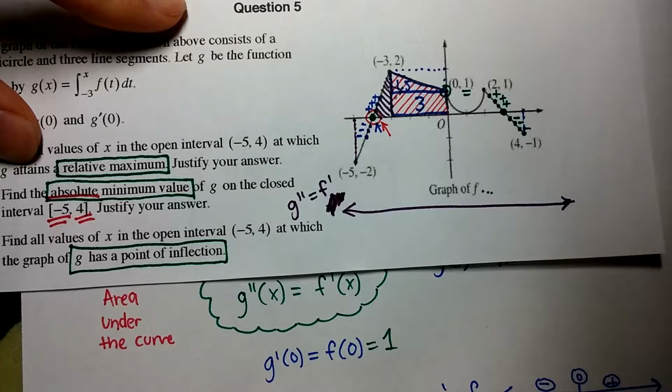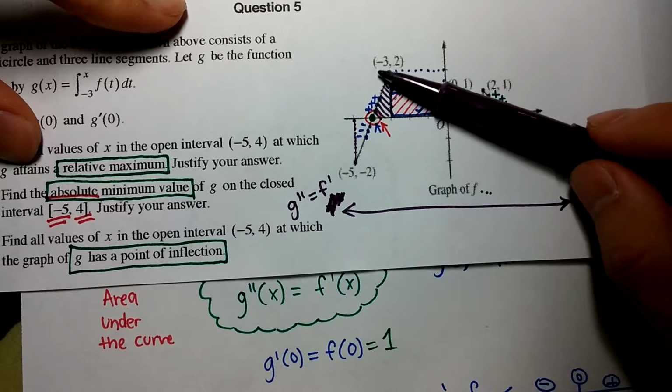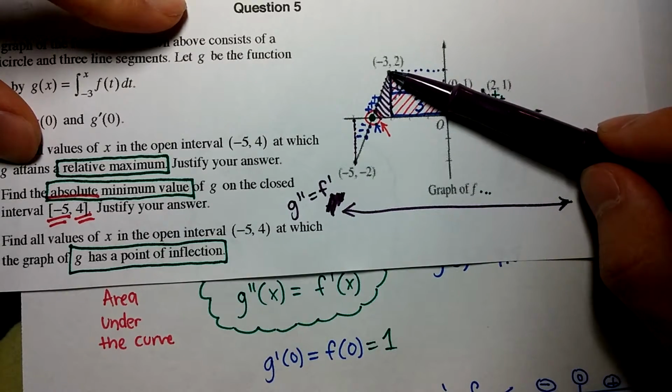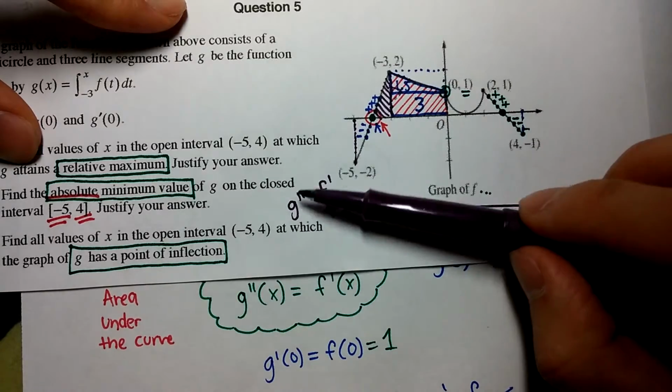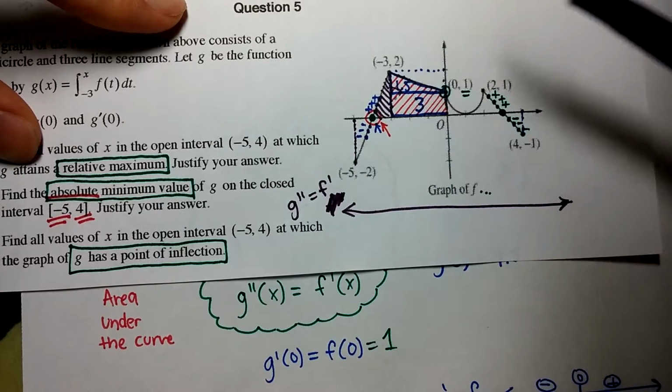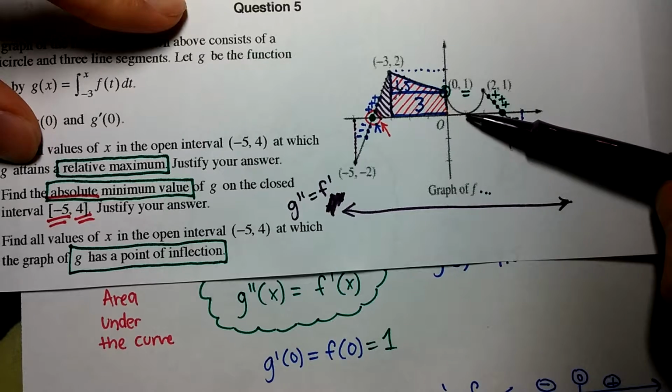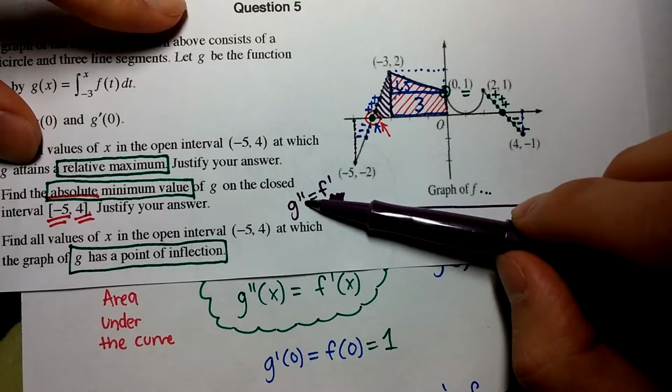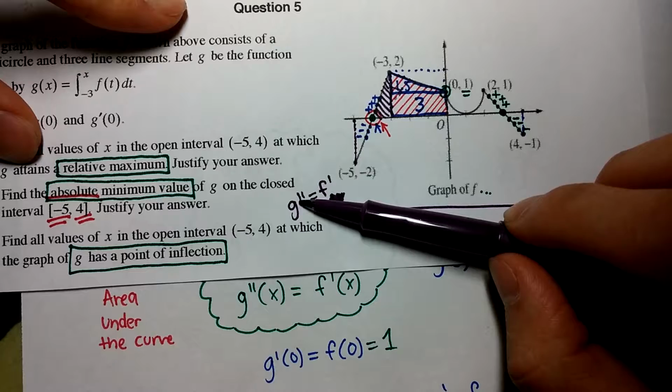Okay, so as far as I can see, the maxes and mins, we can confirm once we begin. I think I see a maximum here. Maybe that will translate into g double prime being 0. I see a minimum here. Maybe that'll translate into g double prime being 0.